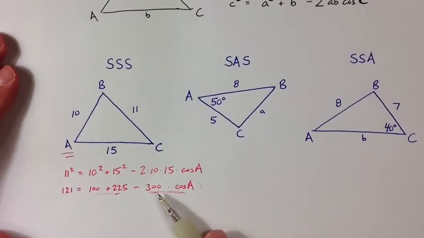So the 300 is related through multiplication to cosine of A. So it's like a factor, whereas the others are terms.